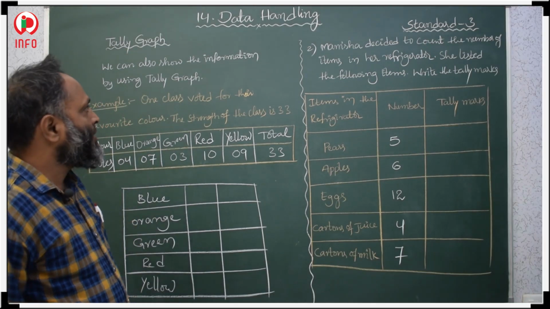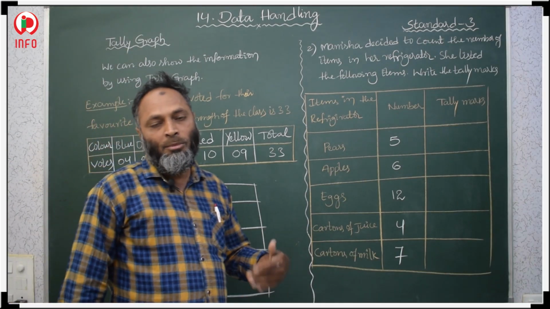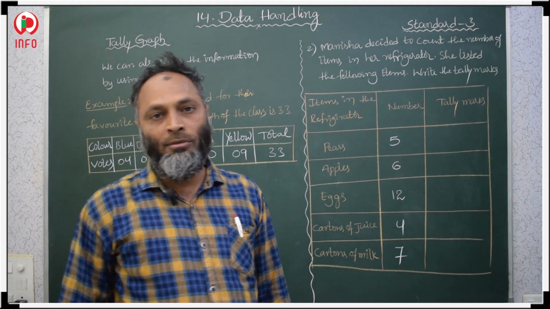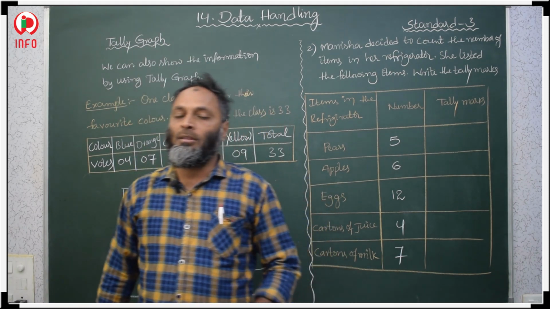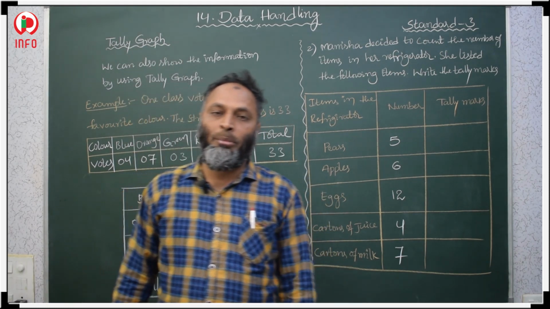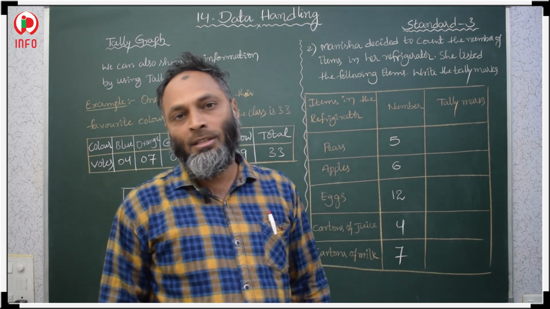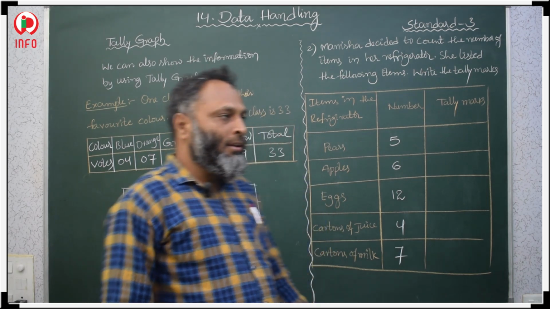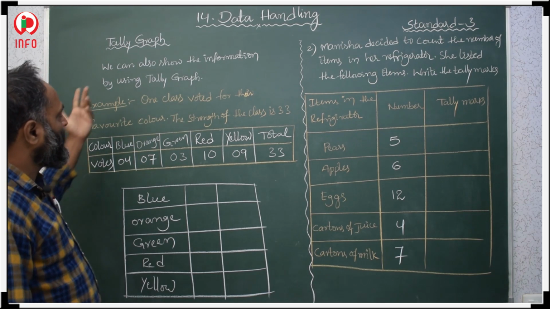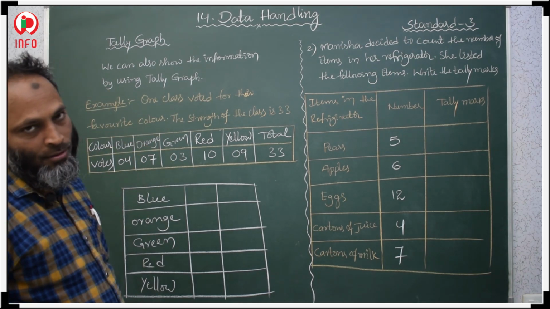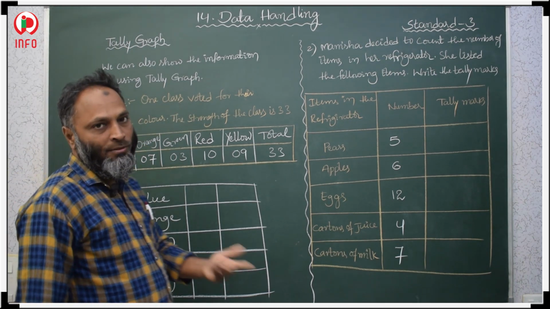So now students, see here. Before, we discussed how to represent data using a pictograph, using pictures. Now the data we can represent using a tally graph also. So what is a tally graph?